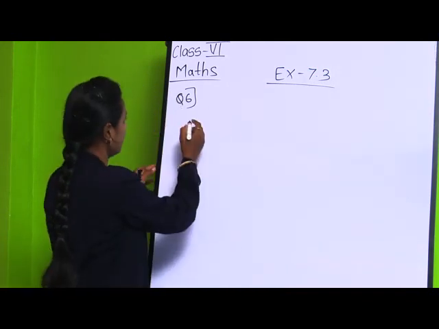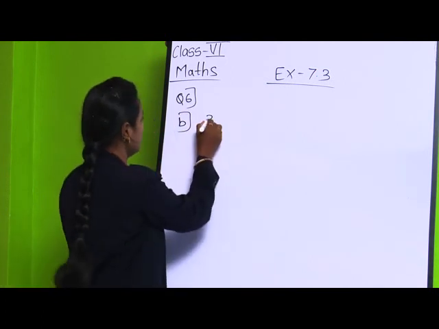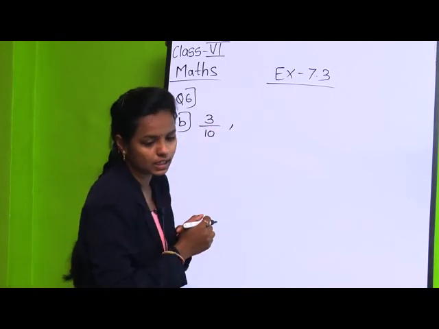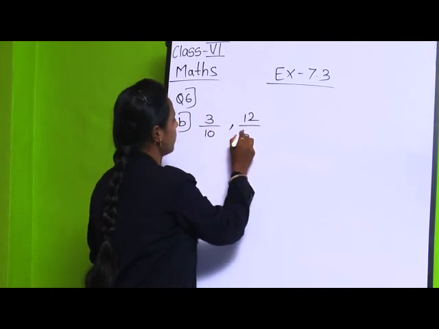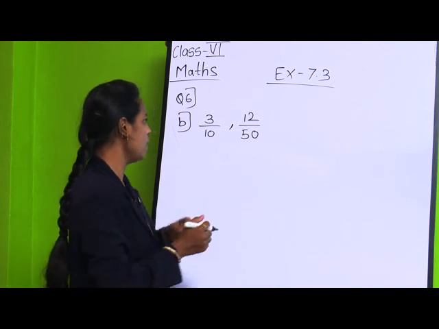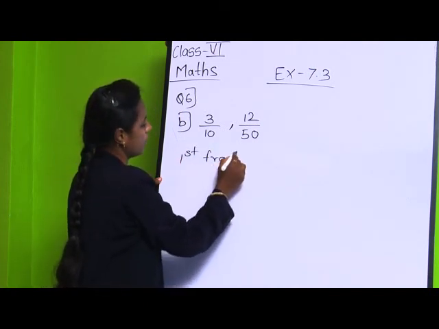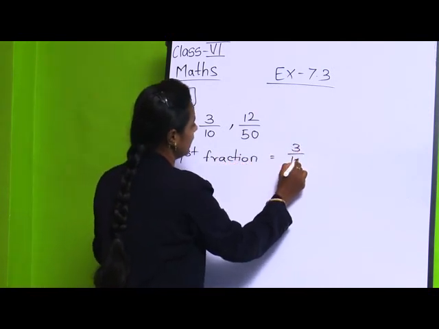Next question, we have B, that is 3 by 10 and 12 by 50. Okay, 3 by 10 and 12 by 50. So, here we can see the first fraction is equal to 3 by 10.